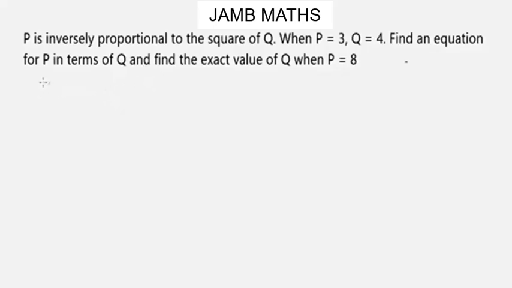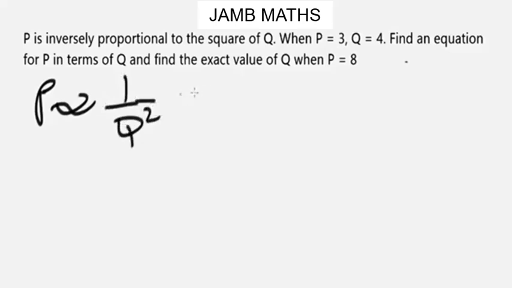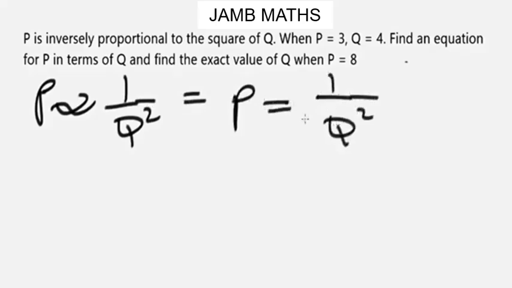We're asked to find the equation for p in terms of q. Firstly, let's express this using the inverse proportional notation. So it's going to be p is inversely proportional to the square of q. Now when you add the equality sign, it's going to be p equals 1 over q squared. This 1 will now change to k. Now to get the constant k, we are going to input the values when p is 3 and q is 4.